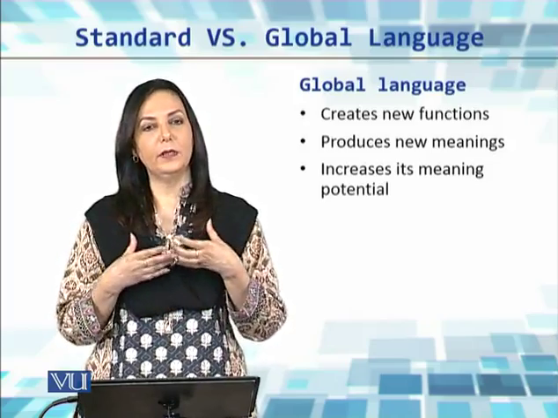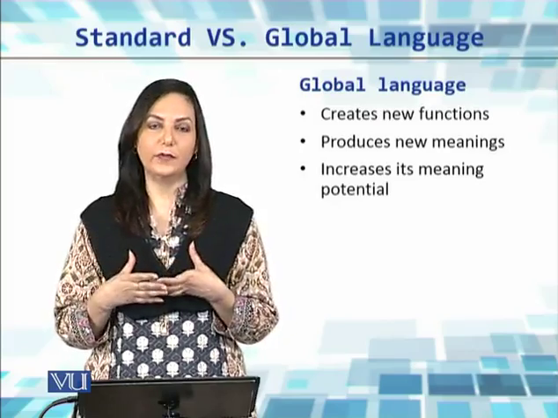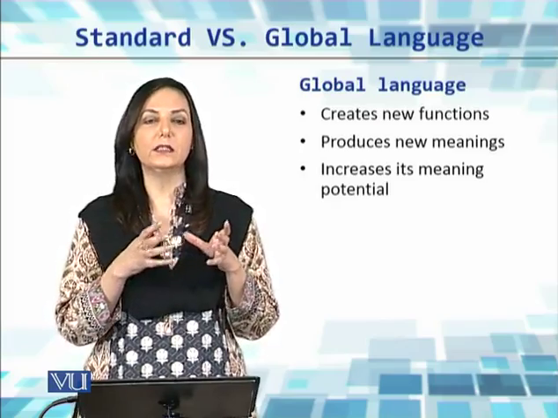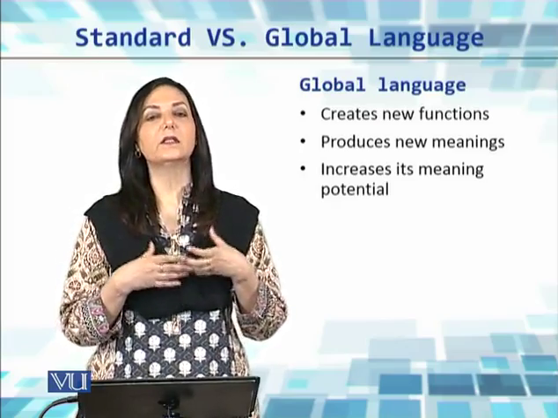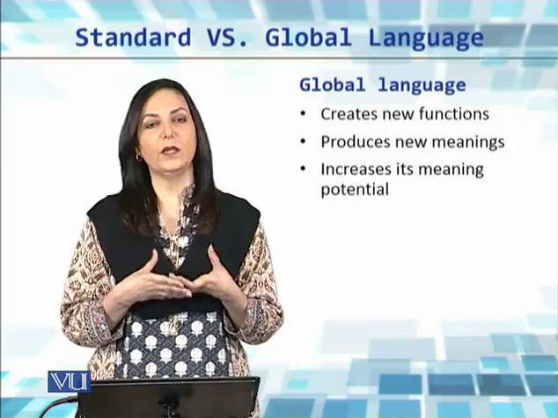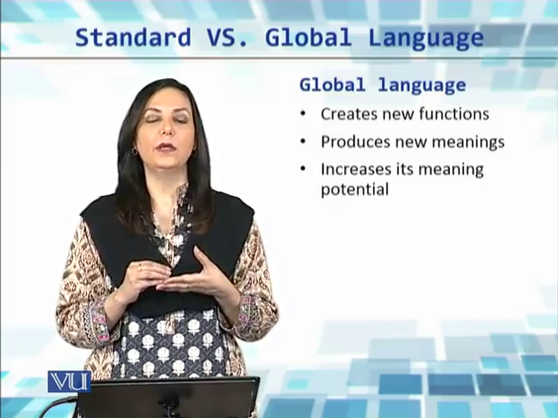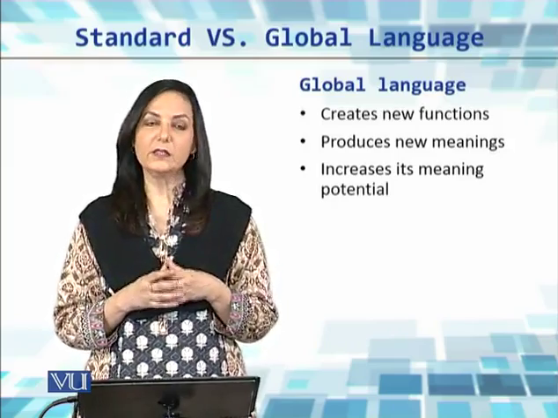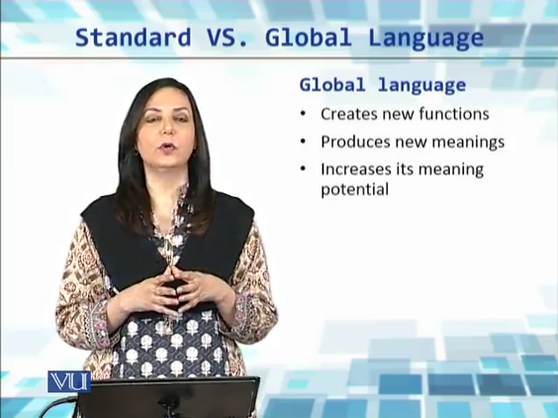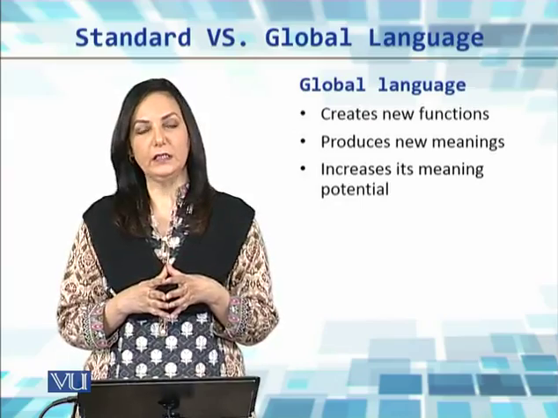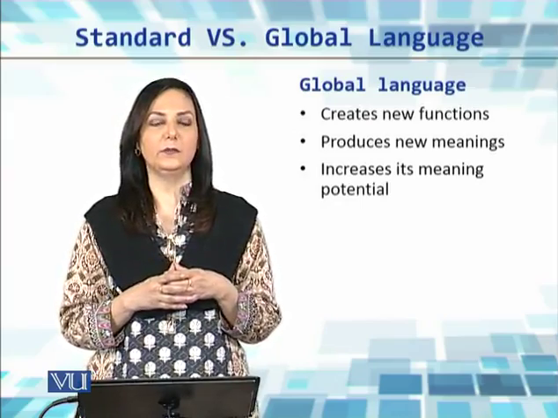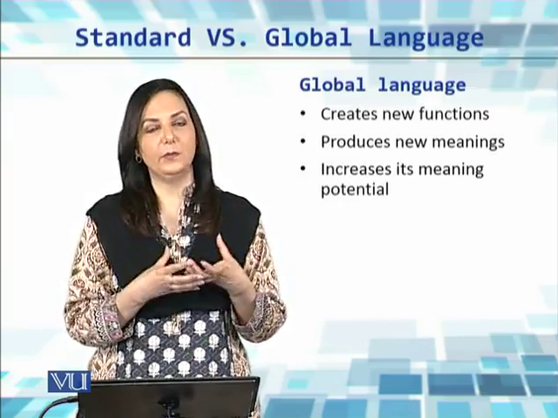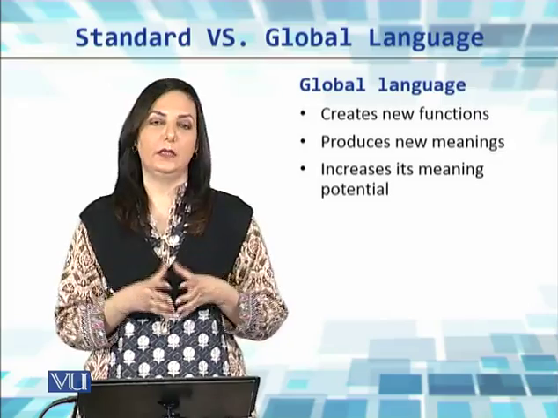Therefore, we probably will either borrow, let's say, from Urdu, or will use the existing English words in their new meanings to express the ideas which are found in this festival. In this way, the global language also increases in its meaning potential, which means the same vocabulary is used to express newer meanings.